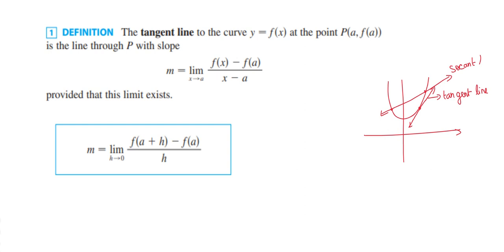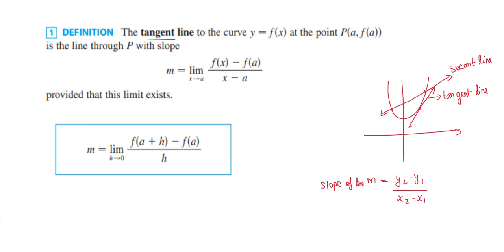So the first thing we are going to study in this chapter is the tangent line equation, how to find the equation of a tangent line. We know that the slope of a line is m equal to y2 minus y1 divided by x2 minus x1.